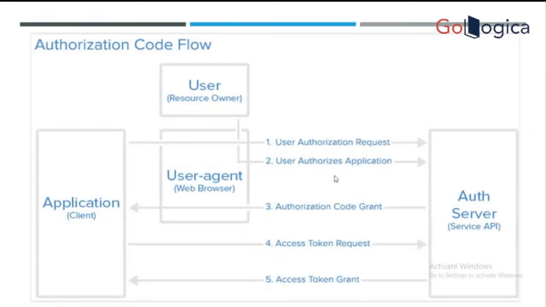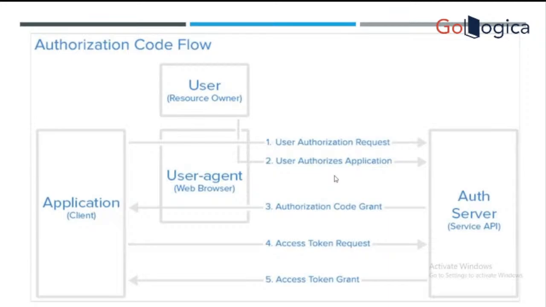Now this is the authorization code flow. This is the first picture of the authorization code flow. It is a very complicated architecture the first time, but if you understand it step by step, it becomes very easy to understand what it is trying to say.